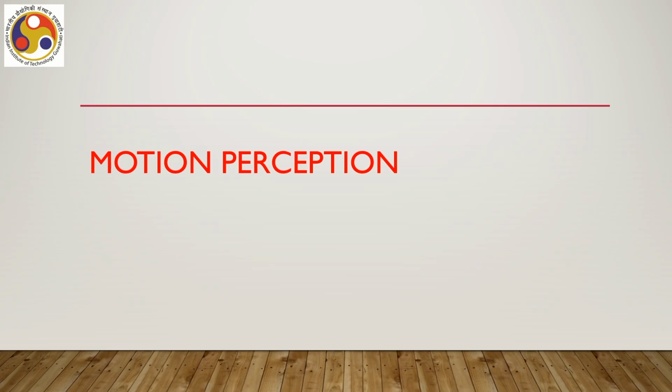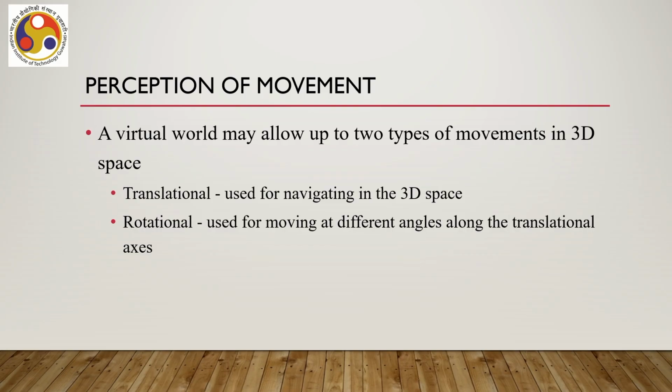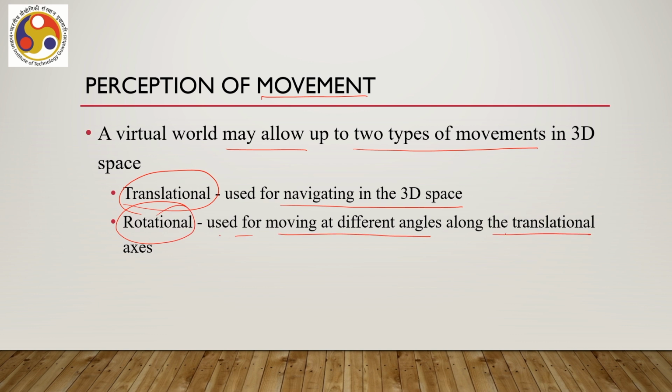Now, let us try to understand how we perceive motion, or perception of movement. A virtual world may allow up to two types of movements in 3D space: translational, which is used for navigating in the 3D space, and rotational, which is primarily used for moving at different angles along the translational axis.